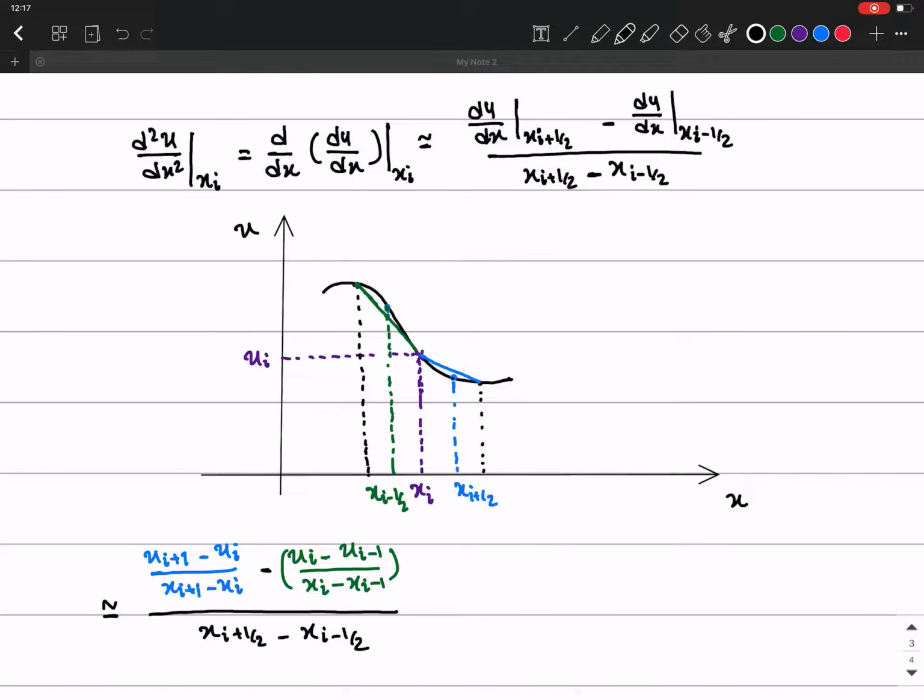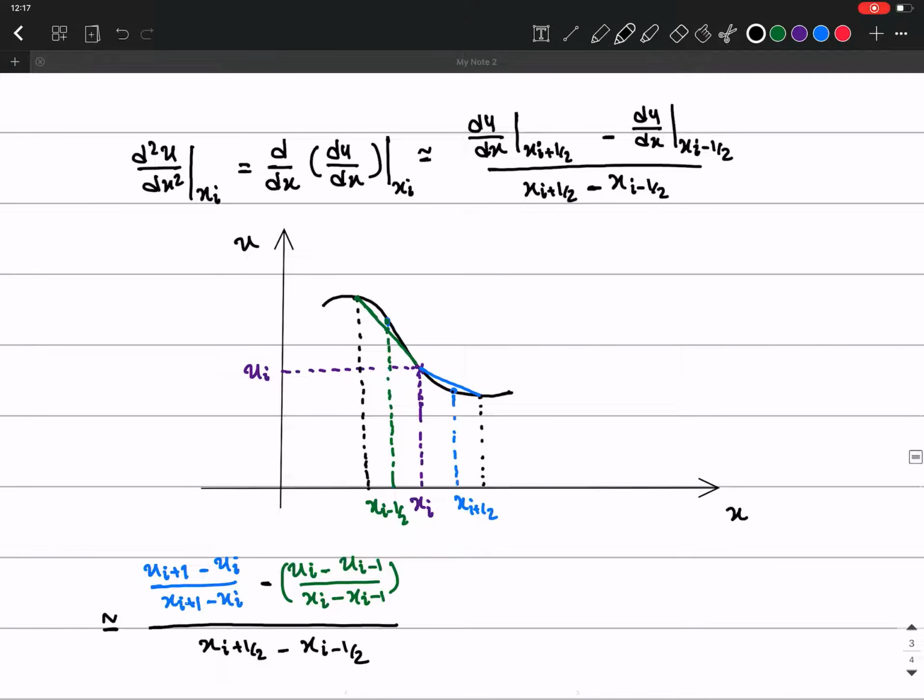This is how we can do an approximation for the second derivative.